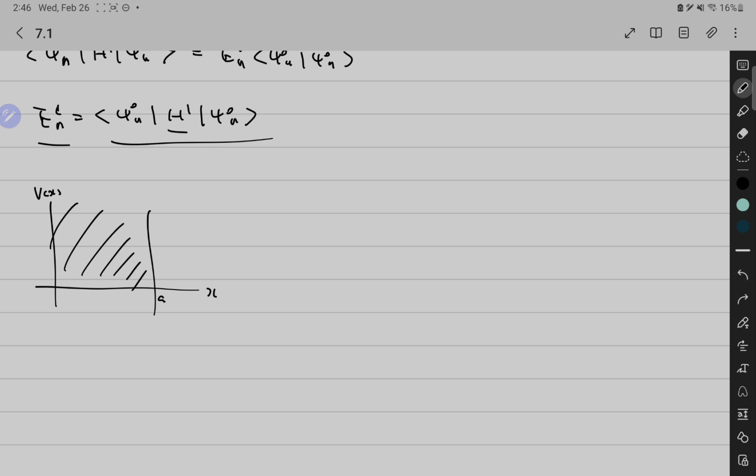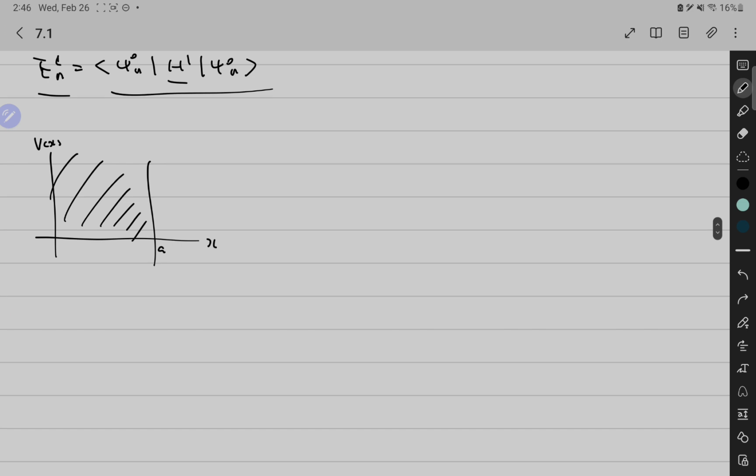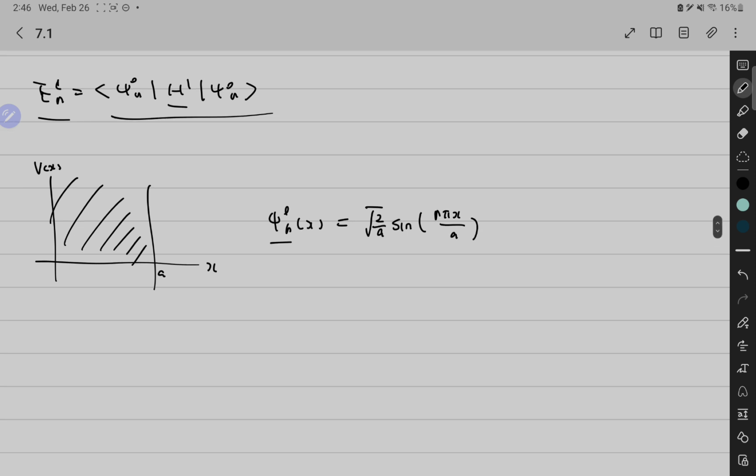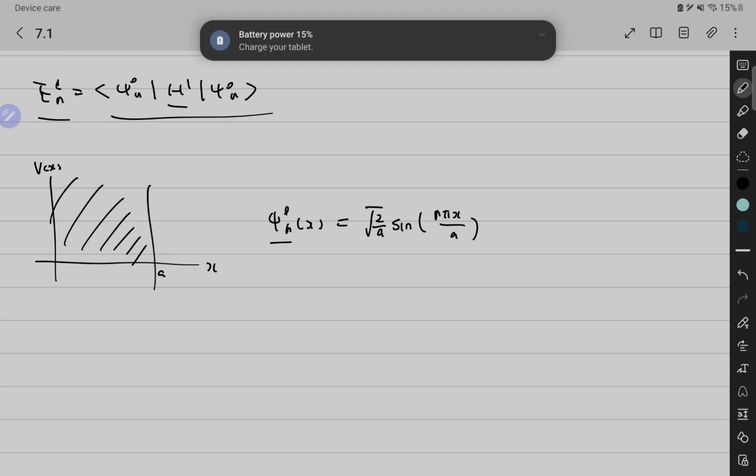So this is what we call unperturbed. So the wave function for this unperturbed infinite square well is going to be ψ0n, right? Equal to the square root of 2 over a, sine of n pi x over a. And ψ0n obviously stands for the unperturbed wave function.